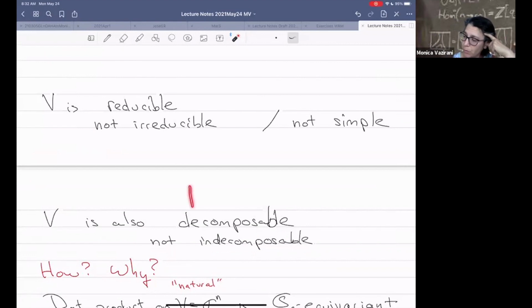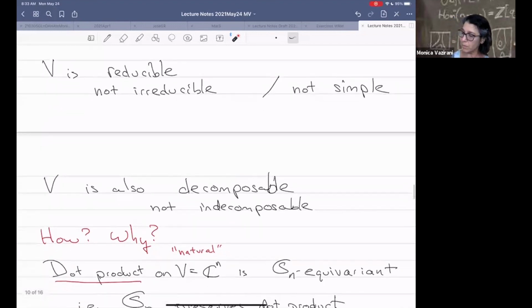If you're decomposable, you had better be reducible, but you don't necessarily have the other direction, except that we're working over the complex numbers and the symmetric group, where we do. But that situation does not always happen. We'll come across this week situations where you can be indecomposable and yet not be simple, that you can be reducible.